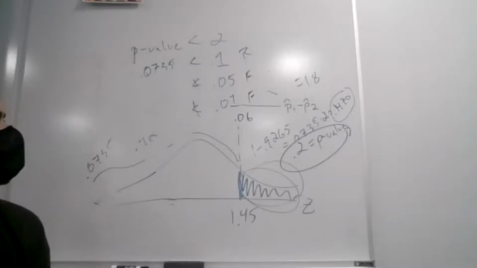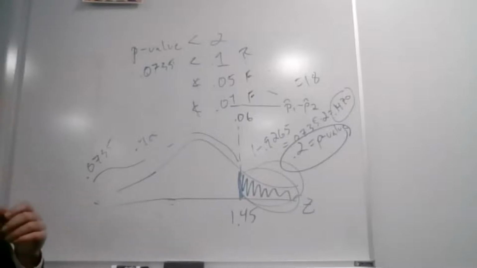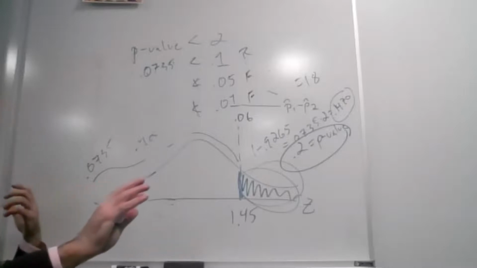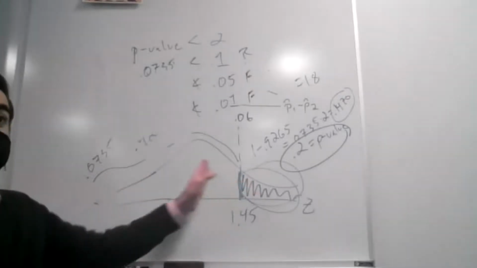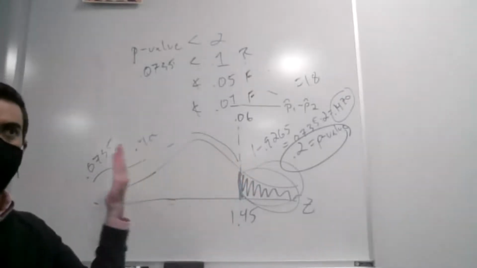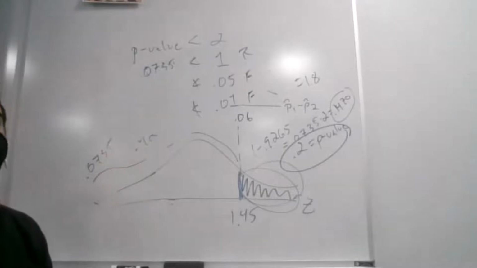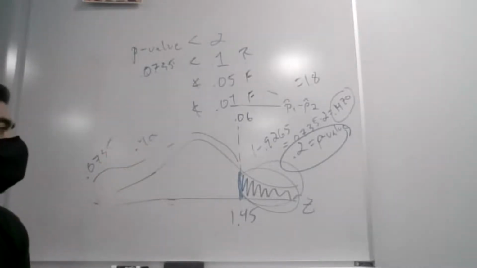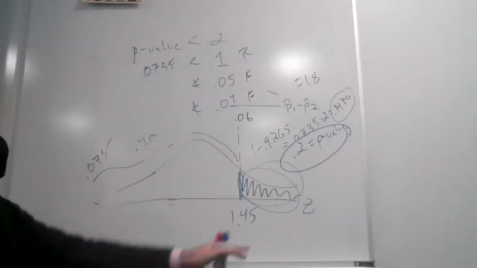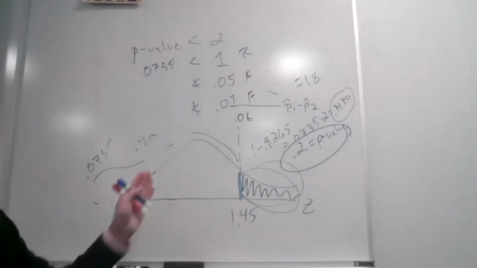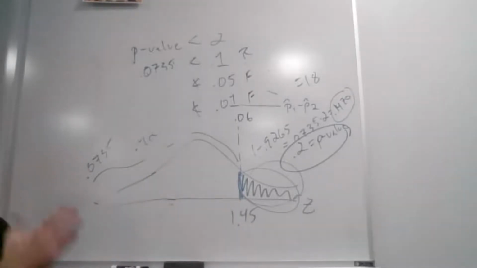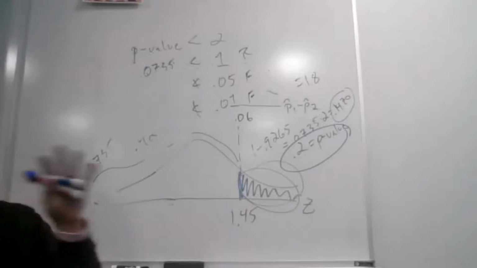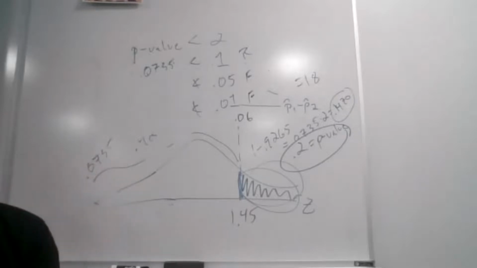Alpha is no longer getting split up into two sides. So our threshold is kind of moving backwards, right? Our critical values are going to be getting closer to 0 because alpha is no longer being split up into two sides of that distribution.